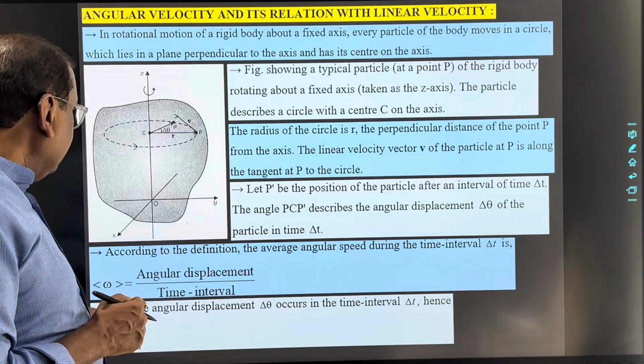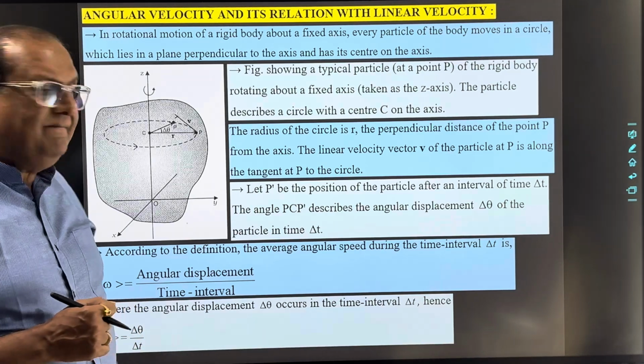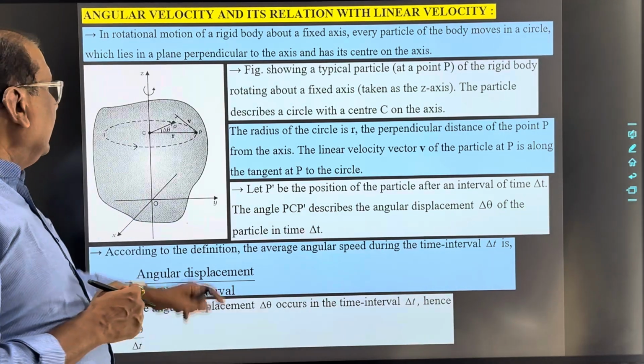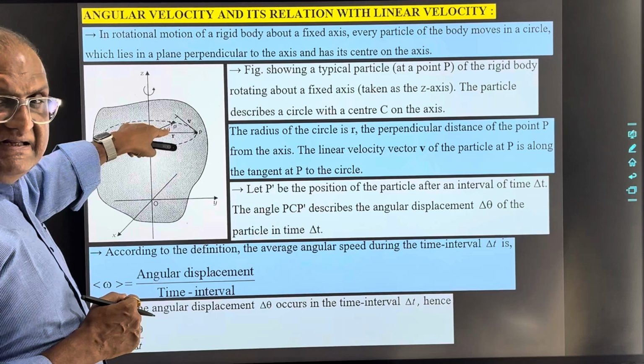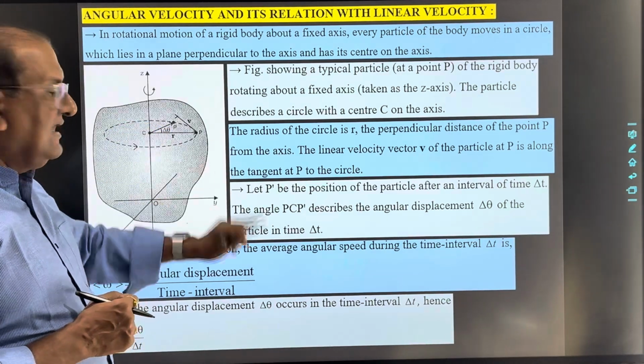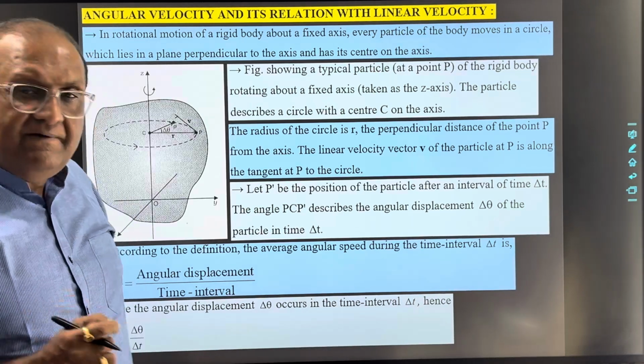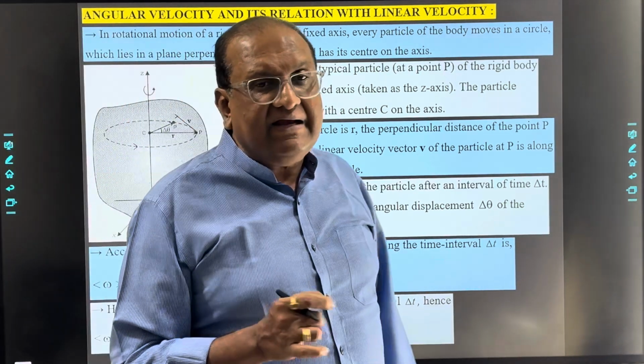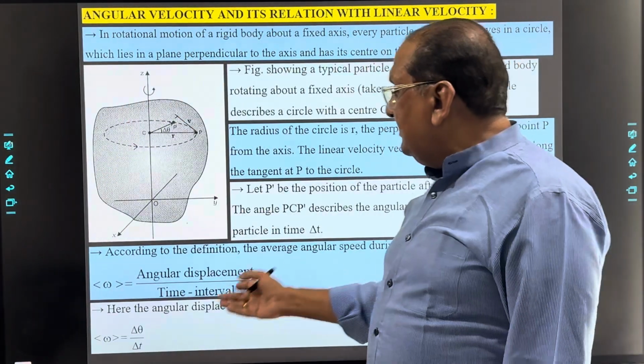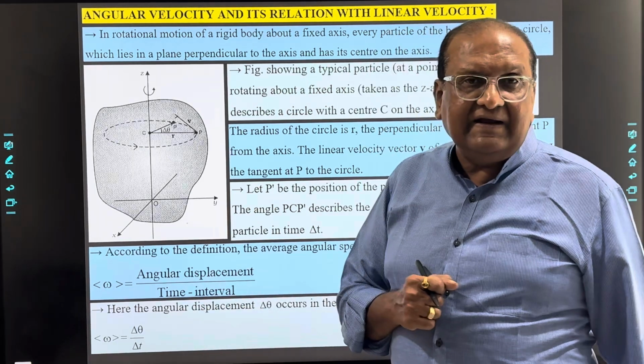So that is delta theta by delta t. Here the angle is measured in radian and time in second. So here the unit you can write is radian per second.